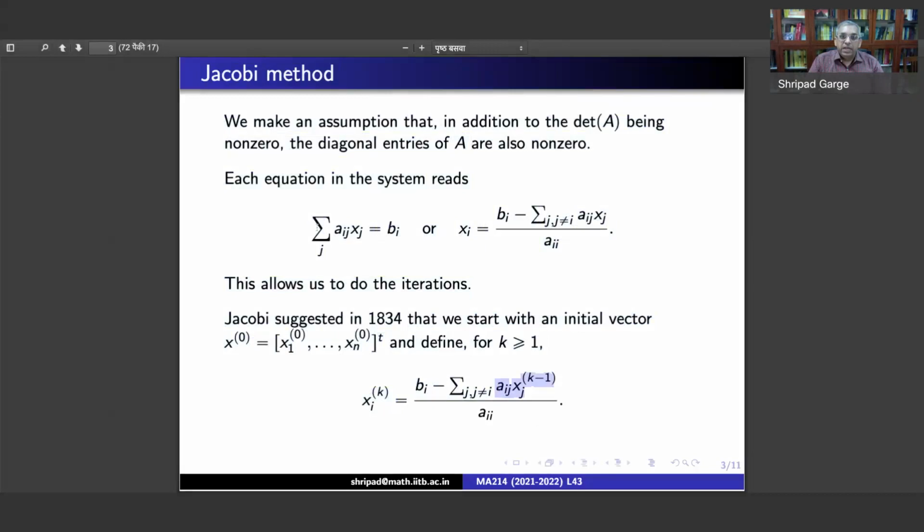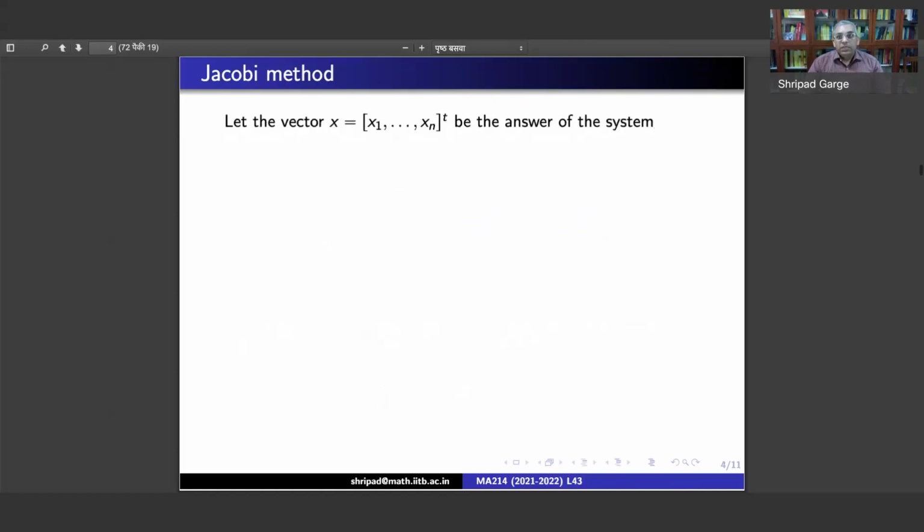In the equation xi equal to bi minus the summation of aij xj, where j is different from i, the whole thing divided by aii, you put the components xj of the k minus 1 approximation and compute the kth approximation, the ith component, using this formula. This is what we do. This was suggested by Jacobi. It's a very simple idea, but it works quite well.